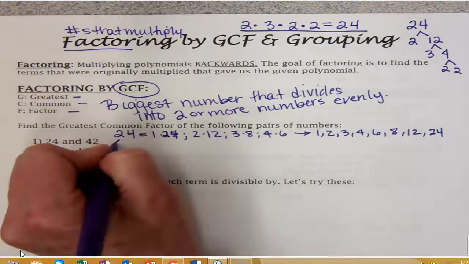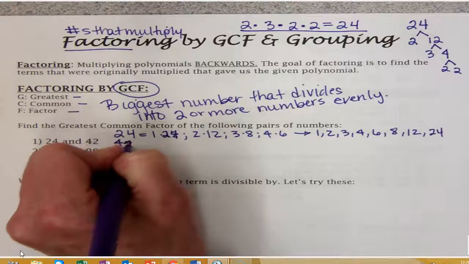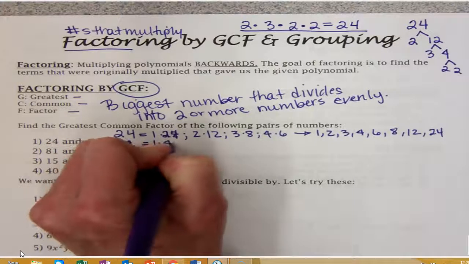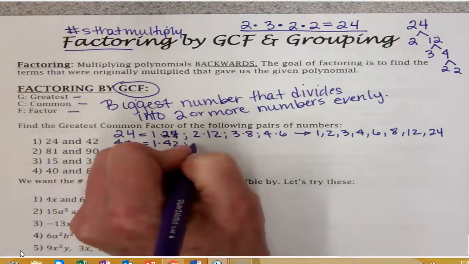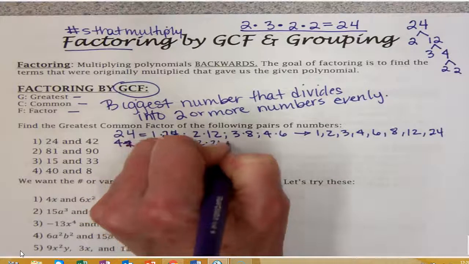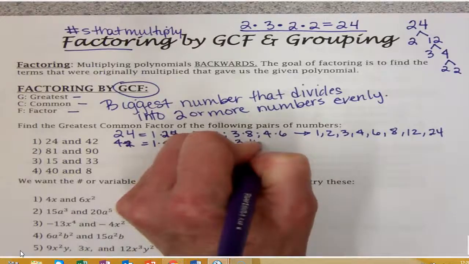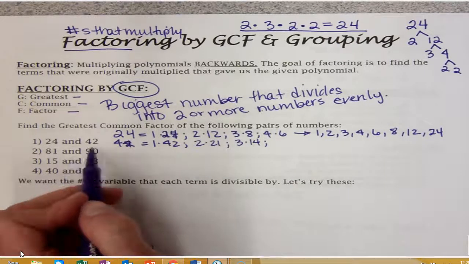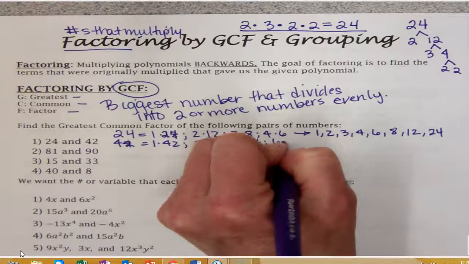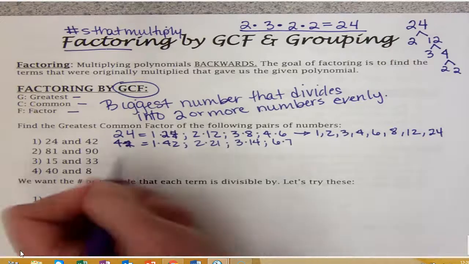What numbers multiply to give you 42? 1 and 42, 2 and 21, 3 and 14. 4 does not go into 42 evenly. 5 does not go into 42 evenly. 6 goes into 42 times 7. And that's it.